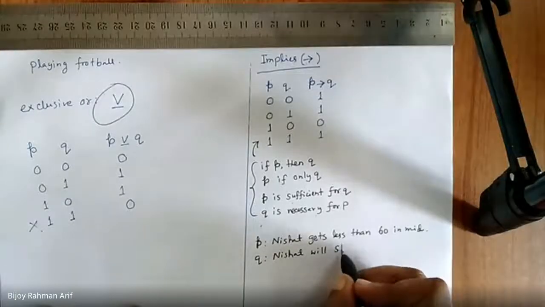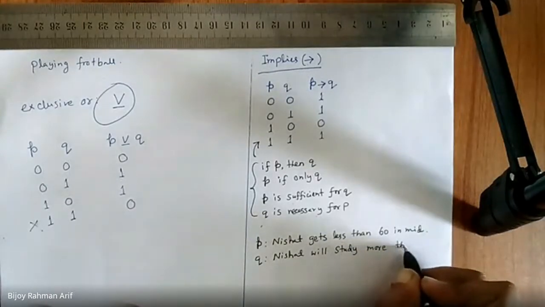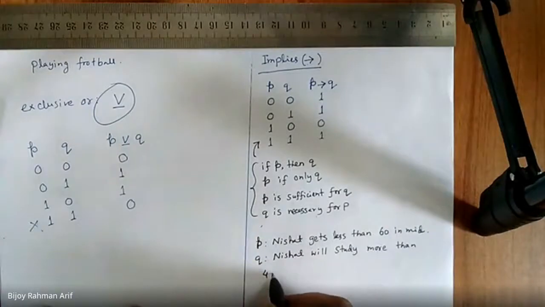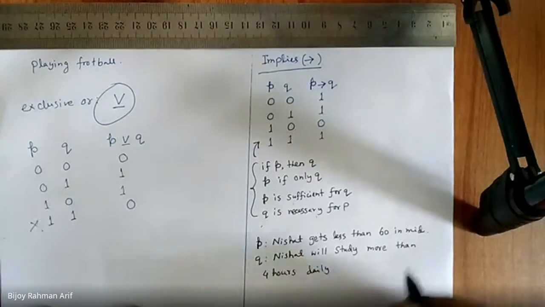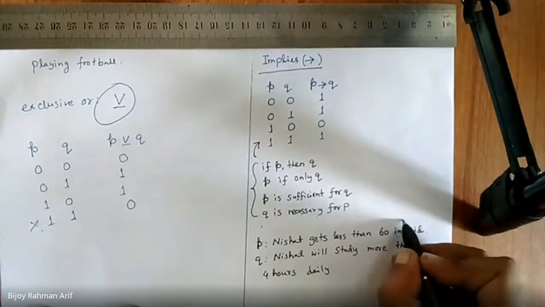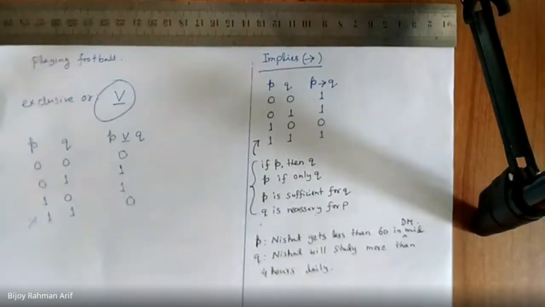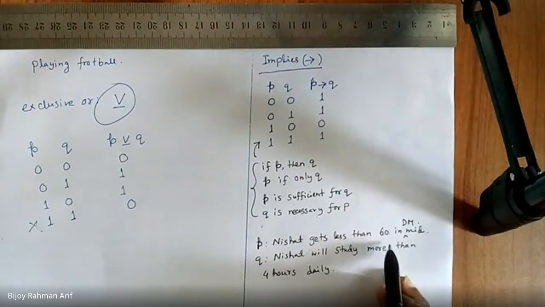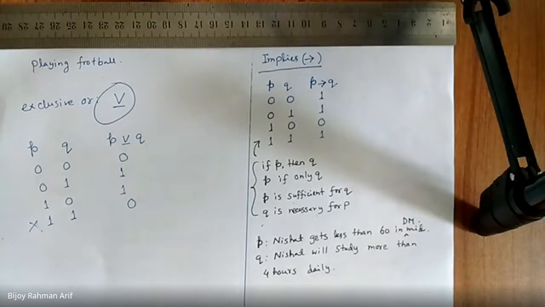Nishat will study more than 4 hours. Discrete Math NEET. Okay, so P is this primitive statement: Nishat gets less than 60 in discrete mathematics NEET. And Q is: Nishat will study more than 4 hours daily. Okay, guys.